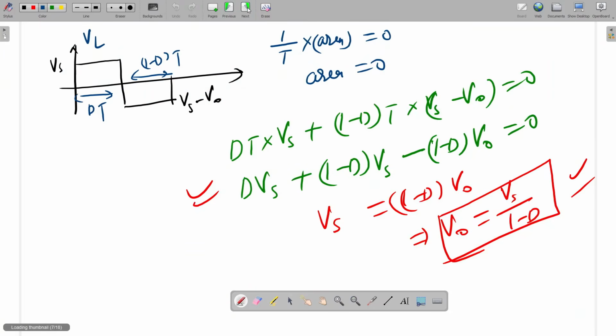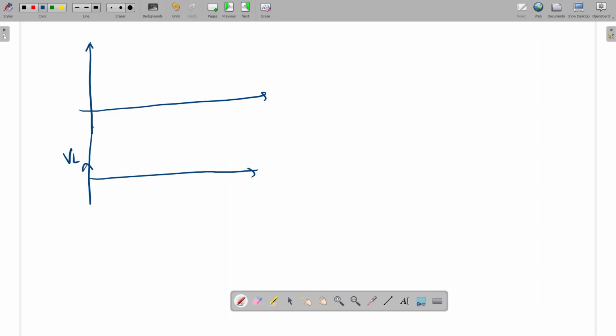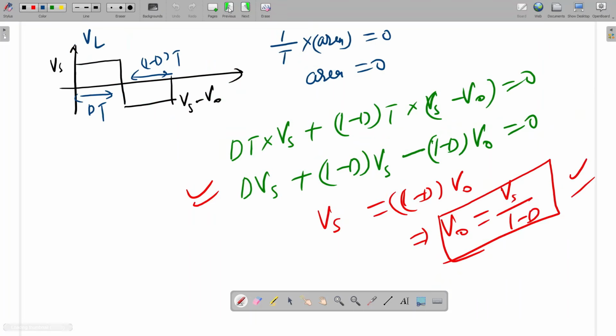So I'm going to draw the inductor current. Can anyone tell what will be the value of the inductor current with this information?